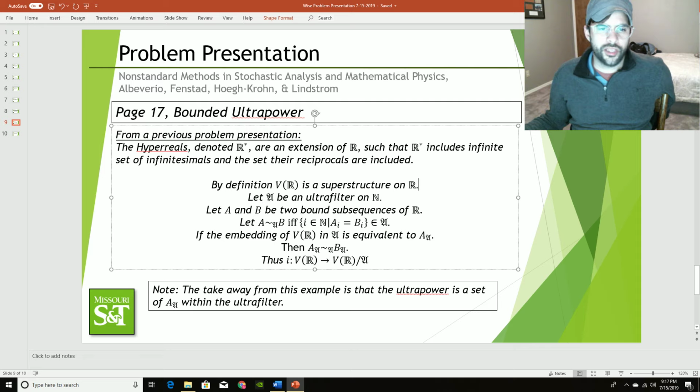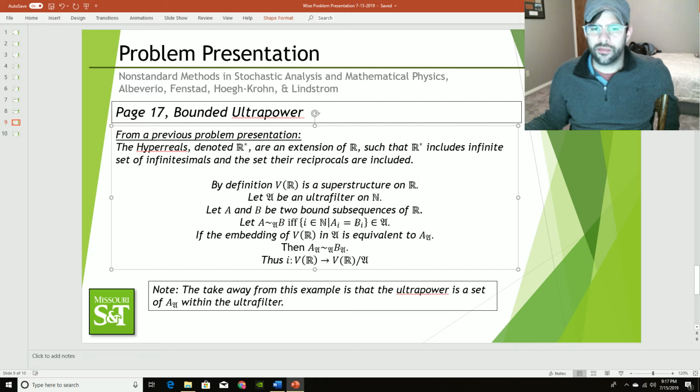So we're going to let U be an ultrafilter on the natural numbers, right? And we're going to let A and B be two bounded sequences of R. So if we let A be equivalent within this ultrafilter to B, then that is if and only if the i's in A are such that A has to be equal to B, and all of that has to be within the ultrafilter.